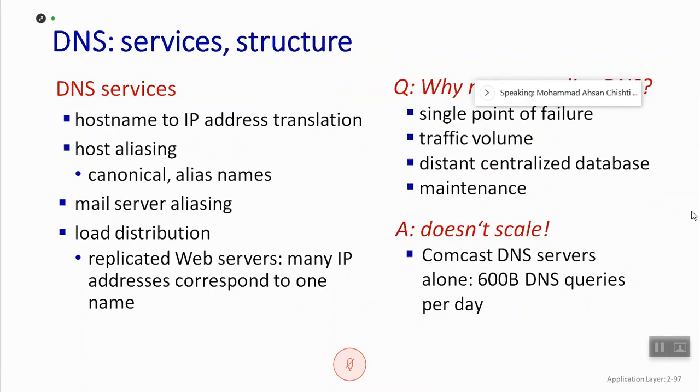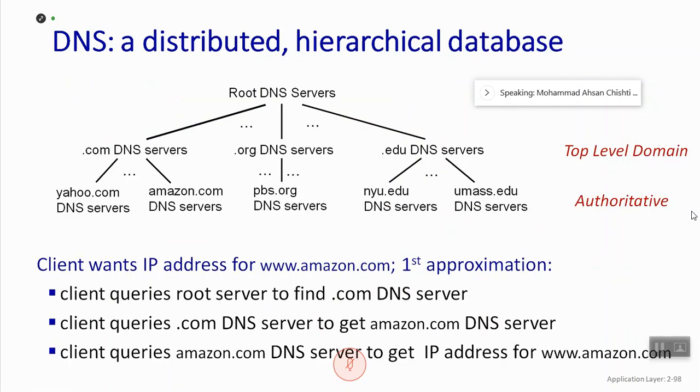So this is how the distributed hierarchical database of DNS looks. We have a root DNS server, then we have DNS servers with respect to each domain name. We have top level domain names like .org, .edu, .com.